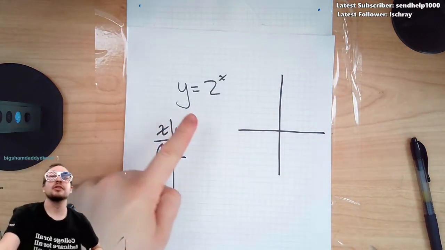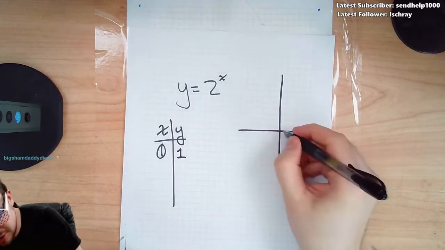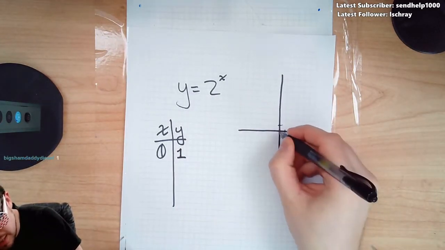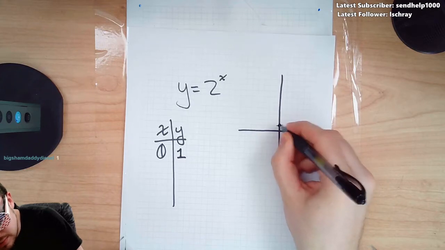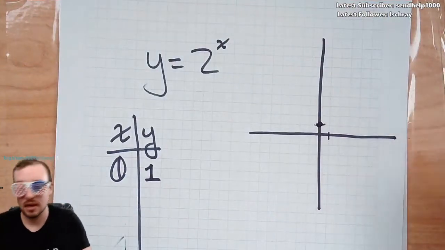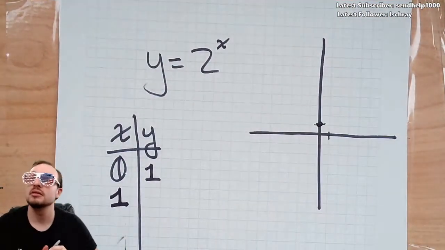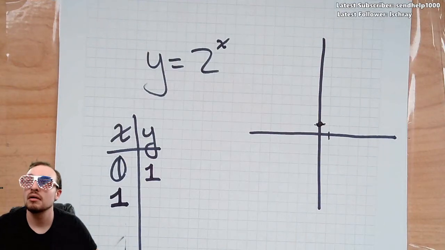So if I want to graph this, when I plug in 0 for x, I get 1 for y. 0, 1, right? If I plug in 1 for x, what's 2 to the first?